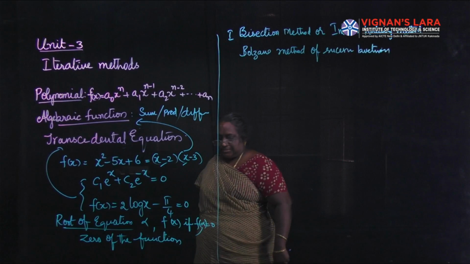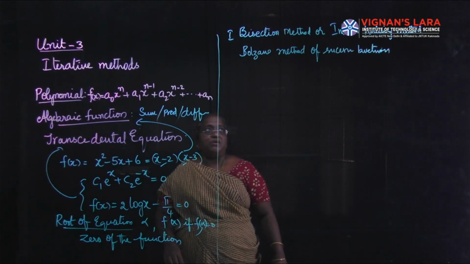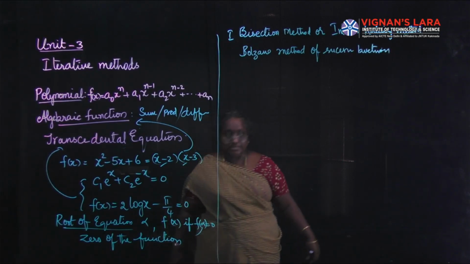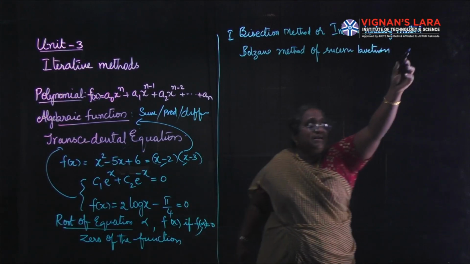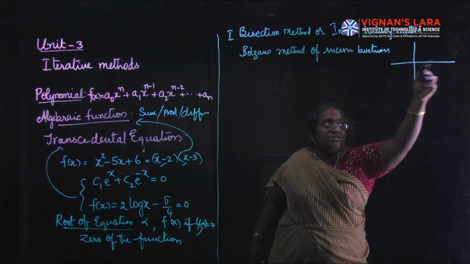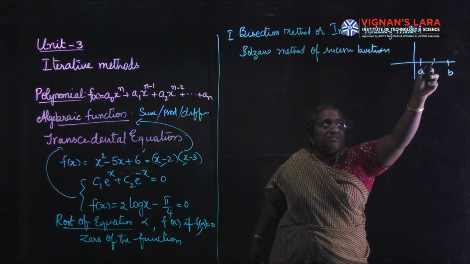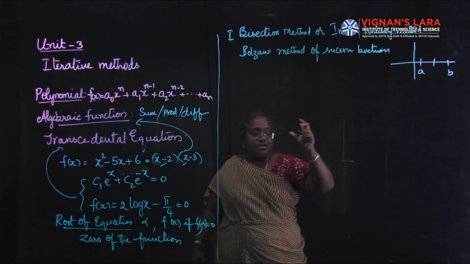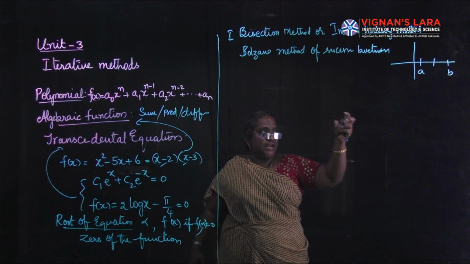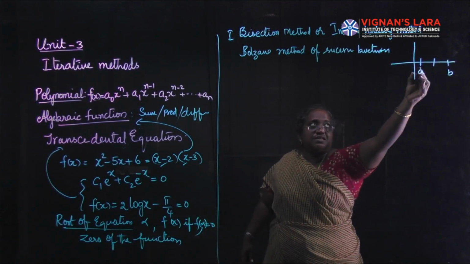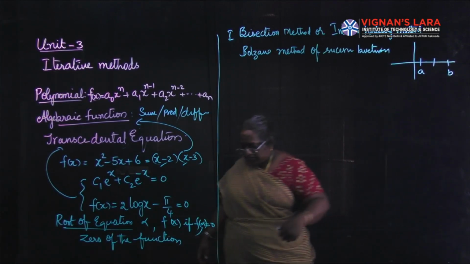Successive bisection. In this process we divide the interval between which two values the root lies. Suppose the root is between a and b. We divide this into two intervals, and we keep narrowing the interval in such a way that the root converges.